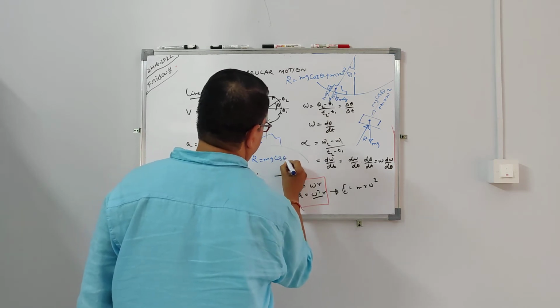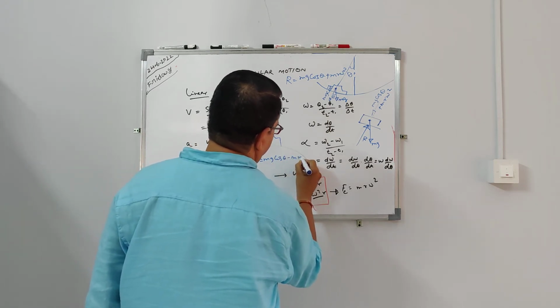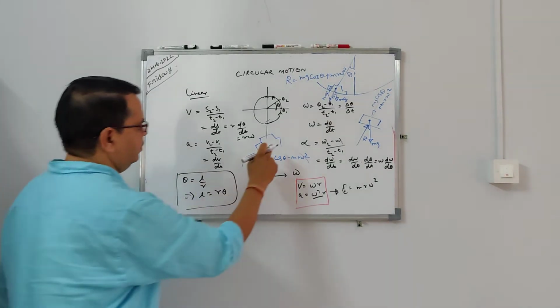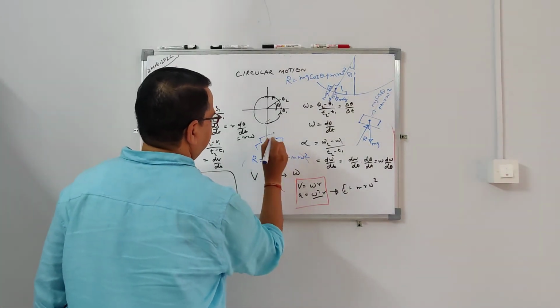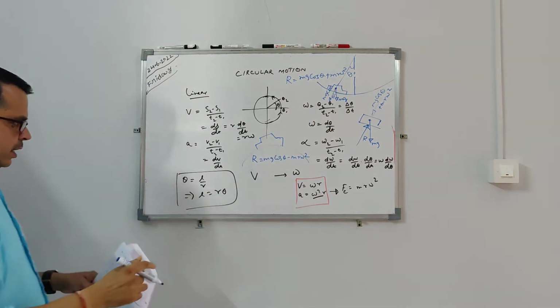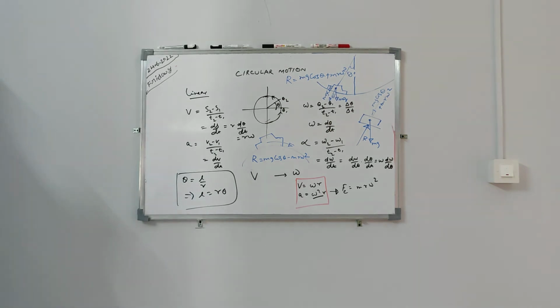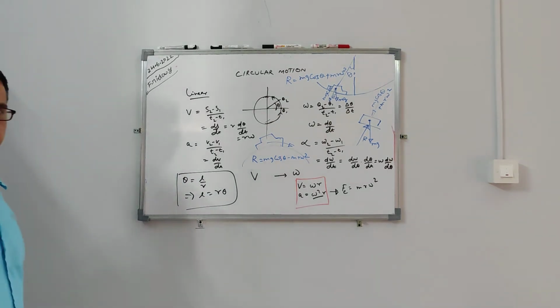So this is for a car moving on a convex surface. You can see in a convex surface, there will be a reduction.